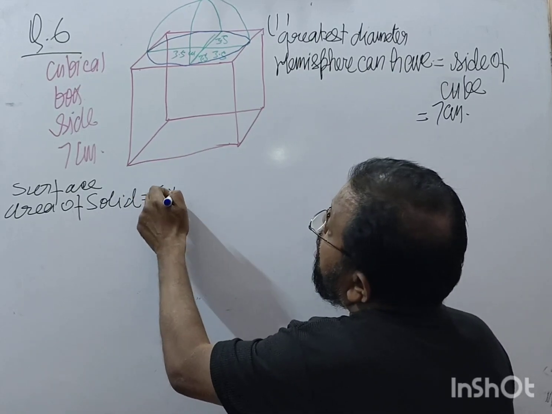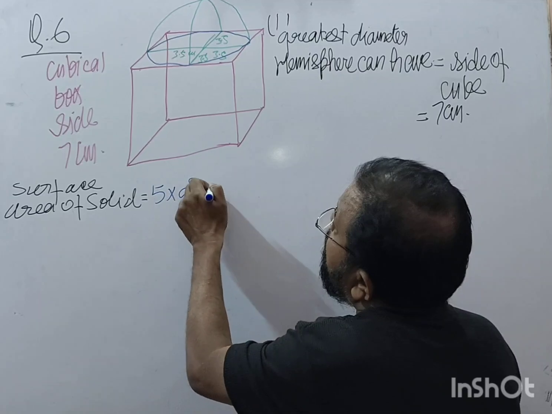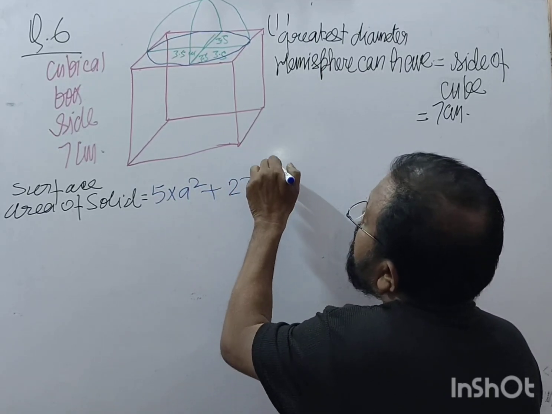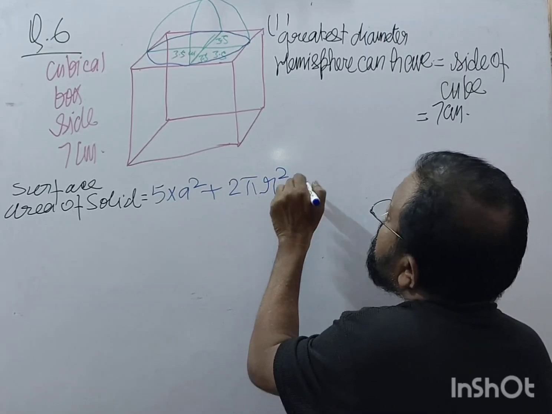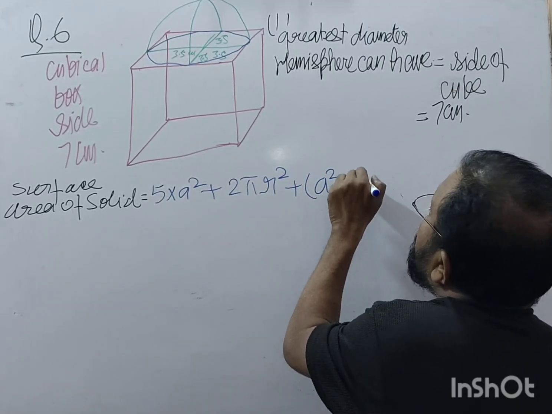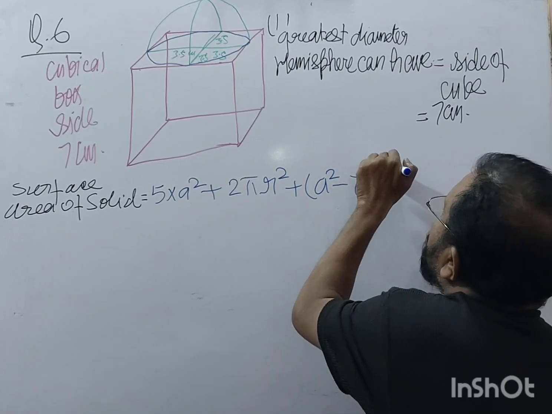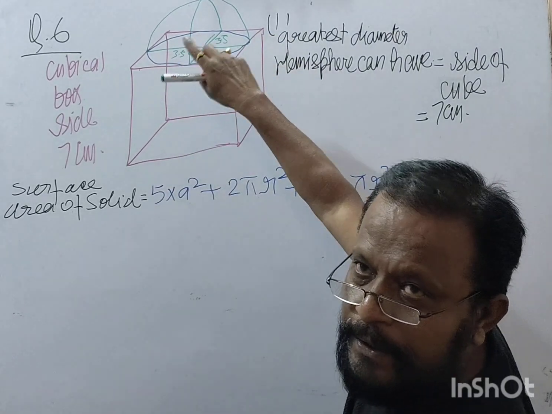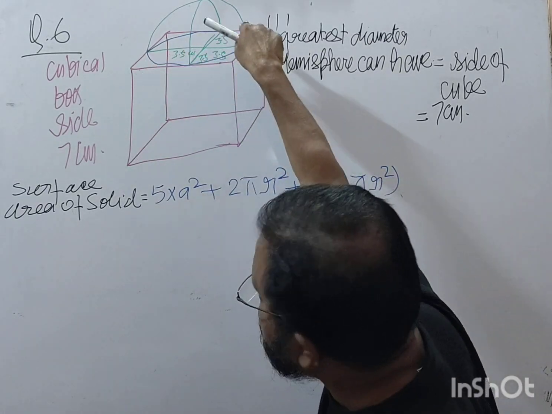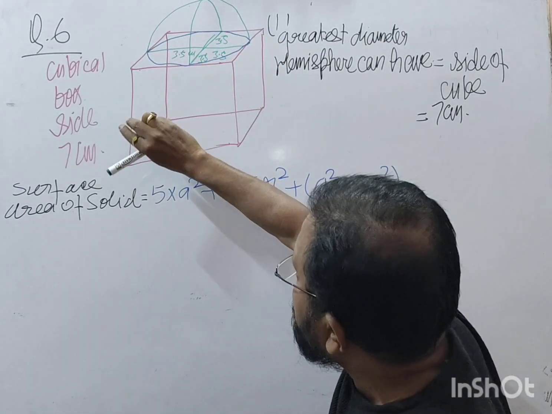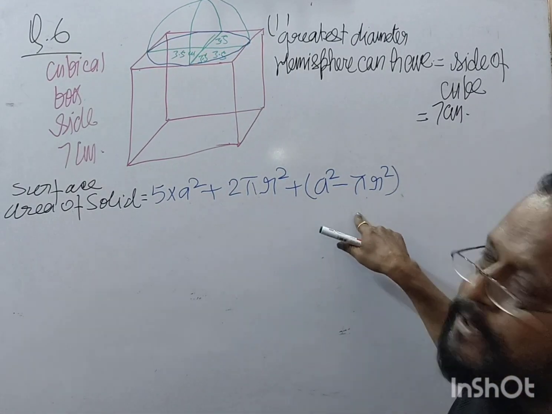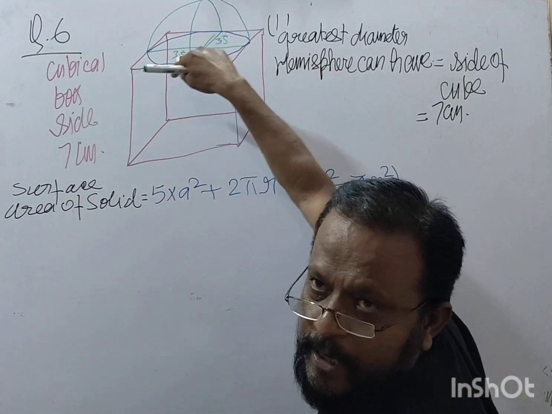5 into a square plus 2 pi r square plus a square minus pi r square. A cube has 6 surfaces, but this sixth surface is covered with the hemisphere, that we are finding from here: how much leftover area is there?